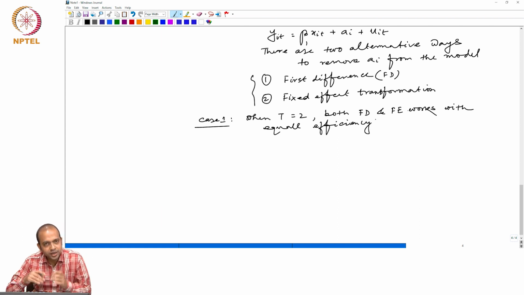So, you can use either first difference or fixed effect when your time period is only 2.